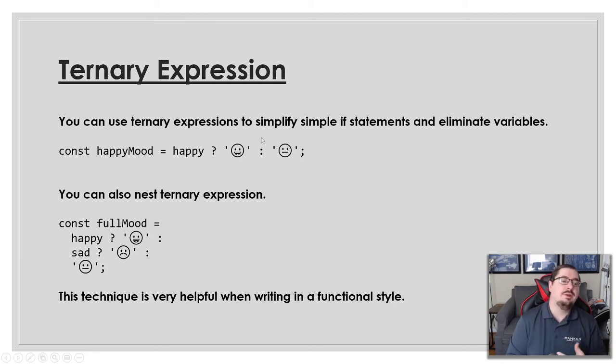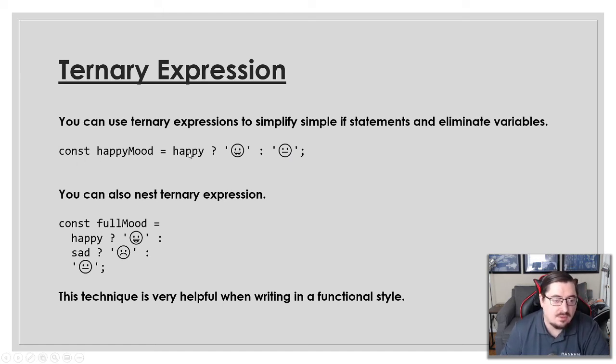And using ternaries can really help simplify some if statements, especially if statements that really only have one line of code in them. Oftentimes you can simplify them down to a ternary like this. It also makes it possible oftentimes to make a variable constant that otherwise would have to be declared with let.